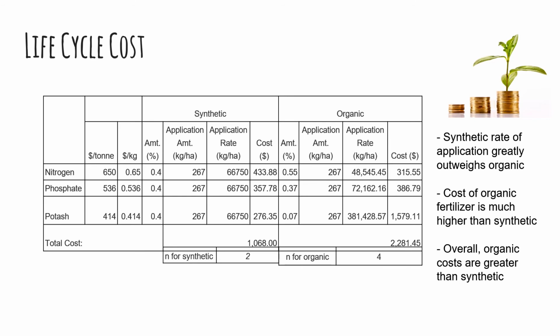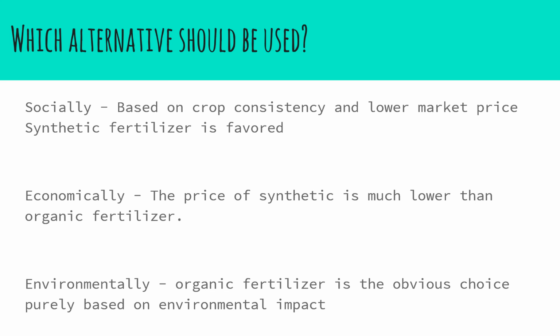Our net present value for synthetic comes out to be $14,712.48, while our net present value for organic is $19,813.13. So based on the definition of sustainability, which option should be chosen?